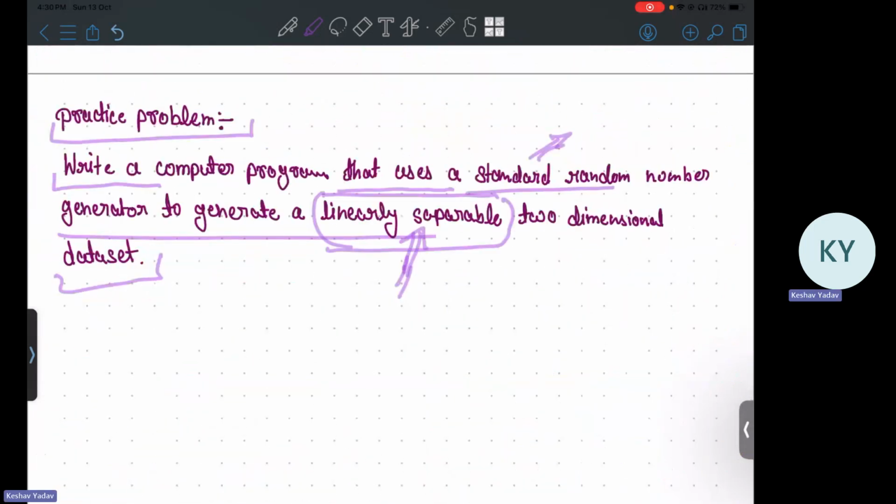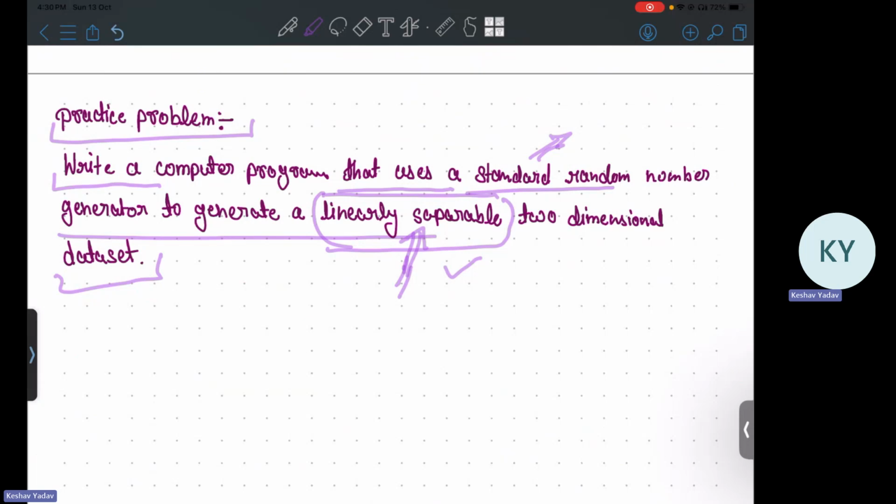Then we wrote a computer program that uses a standard random generator to generate linearly separable two-dimensional data.